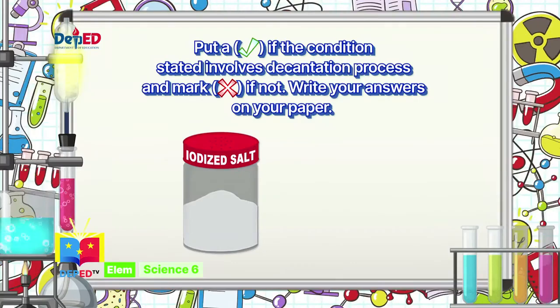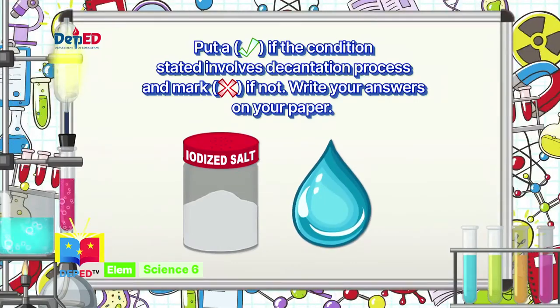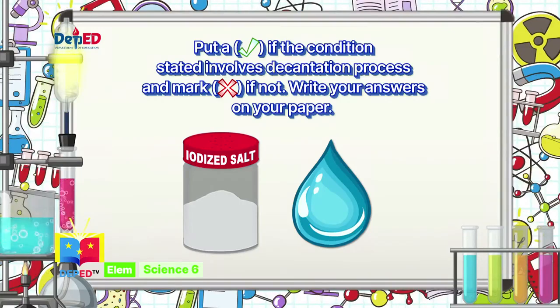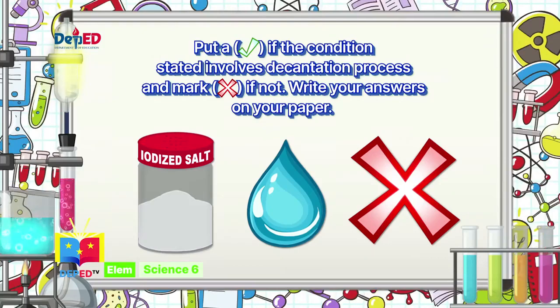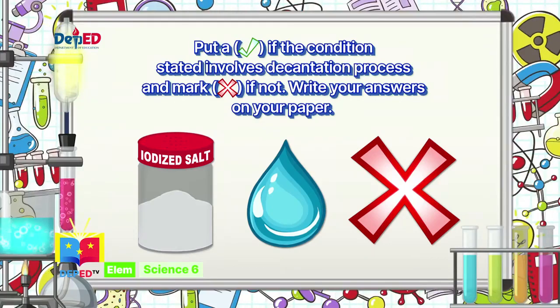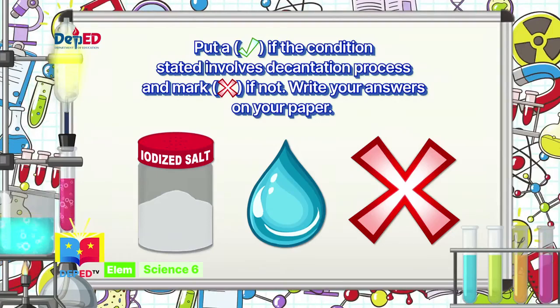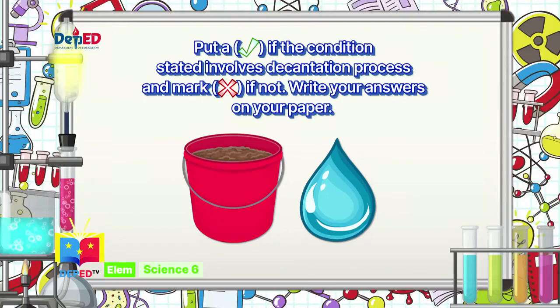Number 3. Iodized salt and water. The correct answer is X, since this mixture is separated through the process of evaporation, not decantation. Number 4. Mud and water.